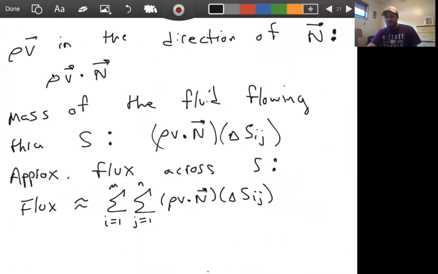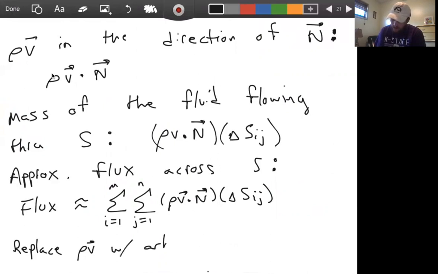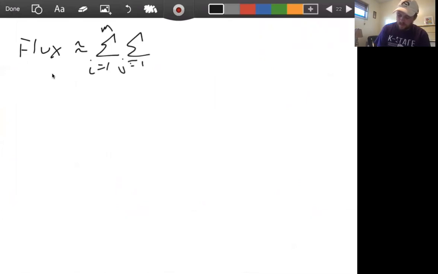But let's replace rho v with an arbitrary vector field, let's say F. So then the flux is approximately the double sum i equals 1 to m, j equals 1 to n of, now we have just F dot n delta Sij.